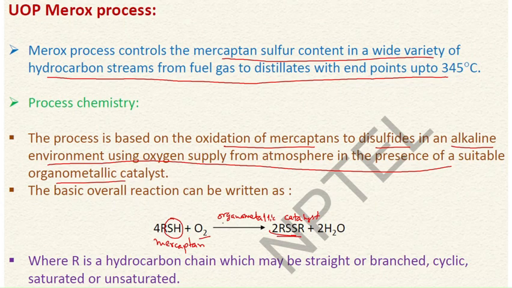Here we can see the amount of sulfur content did not reduce at all. R is a hydrocarbon chain which may be straight, branched, or cyclic, saturated or unsaturated. So this is simply converting one type of sulfur content to another without actually reducing the amount of sulfur content.